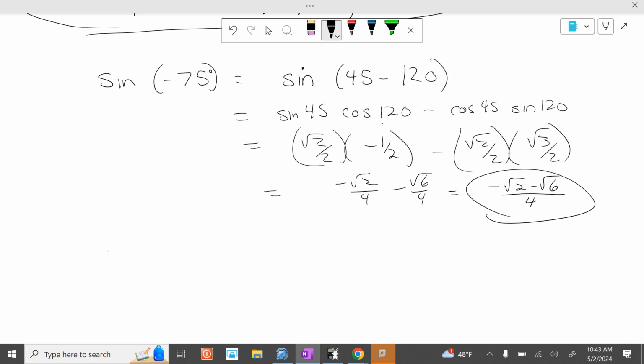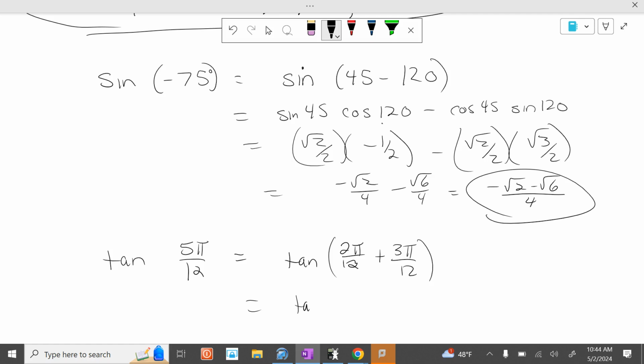What about tangent? Tangent's a little more complicated. So let's say we have the tangent of 5 pi over 12. What two numbers make 5 pi over 12? 2 pi over 12 plus 3 pi over 12, right?